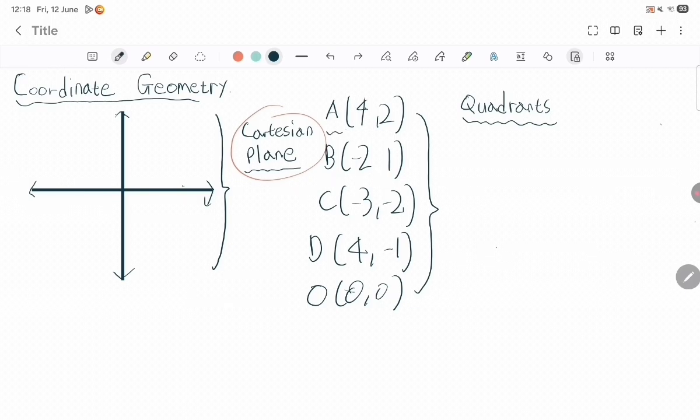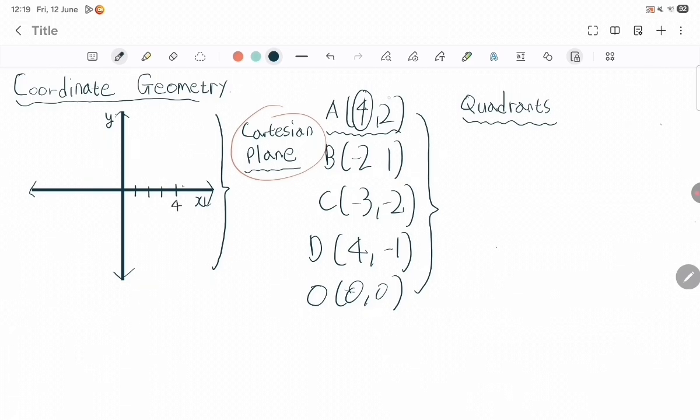First of all, A. When you plot a point, you see (4, 2), then we usually do horizontal first. The horizontal line is called the x-axis, and the vertical one is called the y-axis. The first number is 4, so we find 4 on the x-axis: 1, 2, 3, 4. 4 is here.